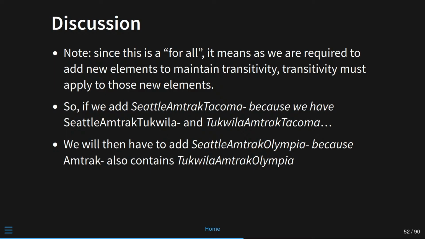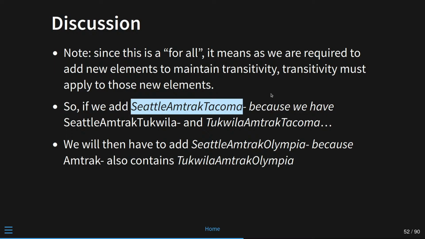Previously, I mentioned there's not necessarily always a graceful way to show that things are connected. Here's what I tried. I just italicized it. The way I read that is Seattle Amtrak Tacoma. The Seattle Tacoma is a member of the Amtrak relation. I don't know, right? Like, am I supposed to put plus there? Should I say Amtrak of Seattle Tacoma equals true?